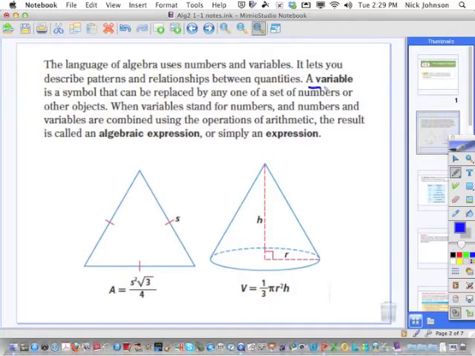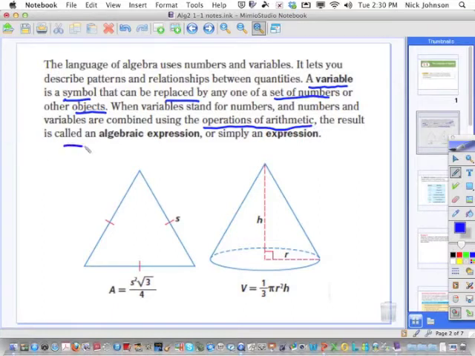A variable is a symbol that can be replaced by any one set of numbers or other objects. When variables stand for numbers, and numbers and variables are combined using operations of arithmetic, which are addition, subtraction, multiplication, and division, the result is called an algebraic expression.